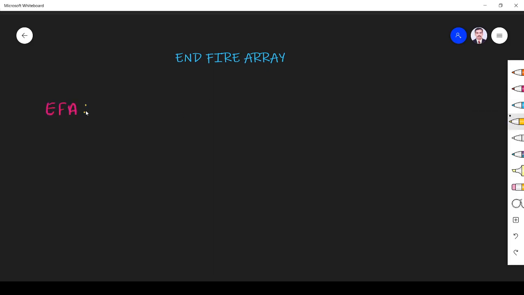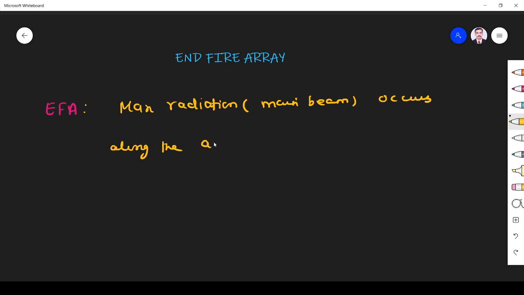So End-fire Array is an array in which maximum radiation or main beam occurs along the axis of array, right?